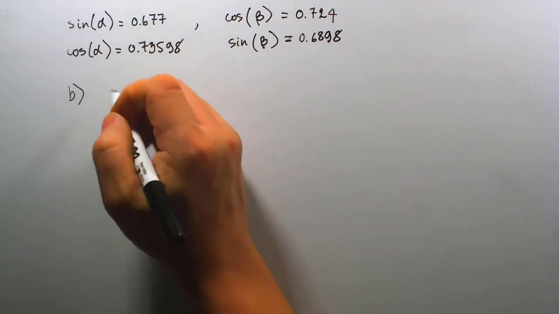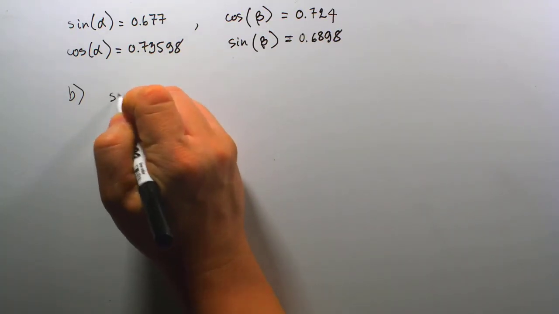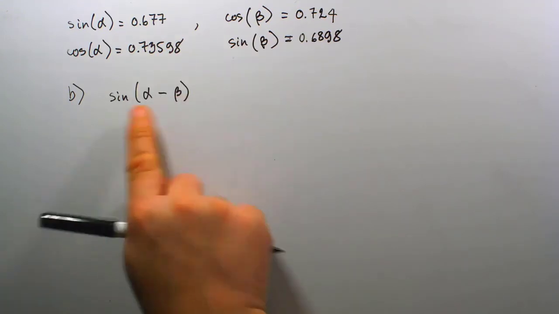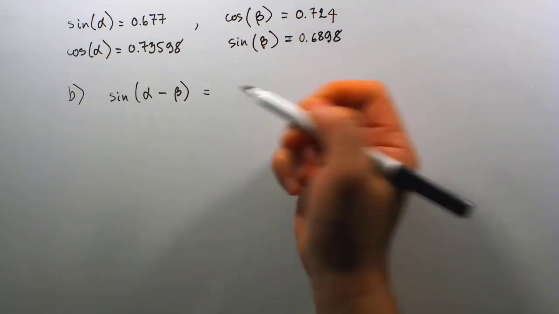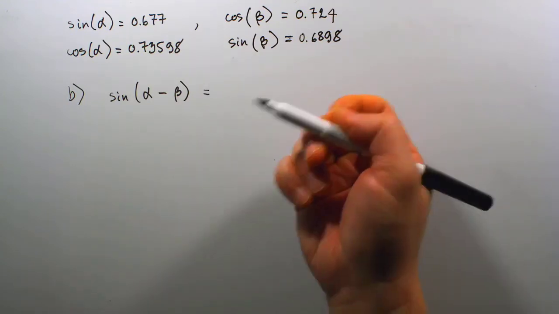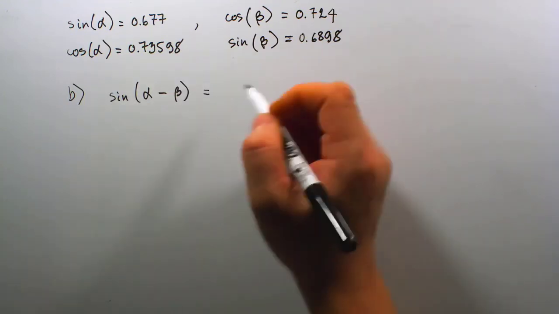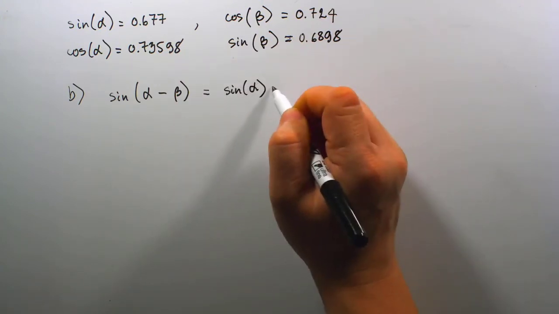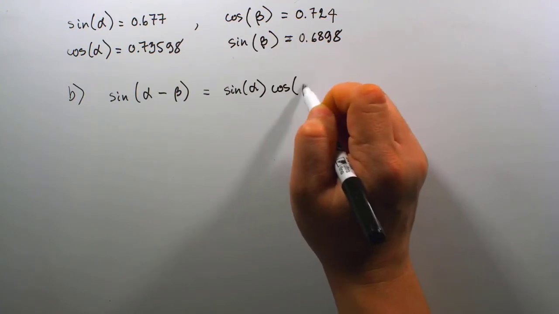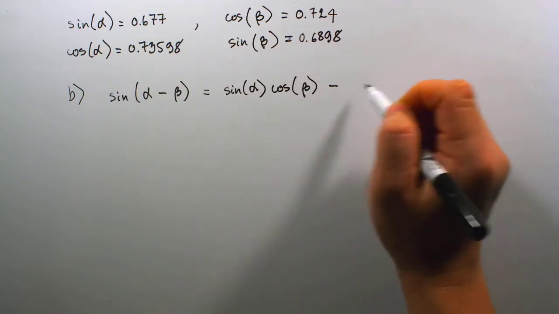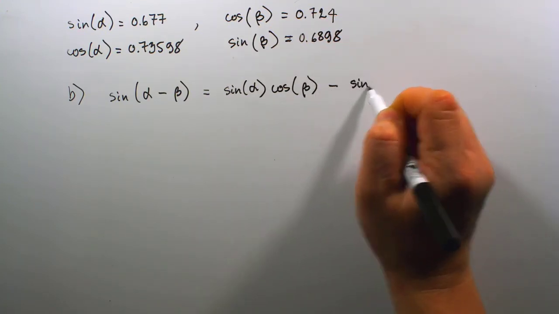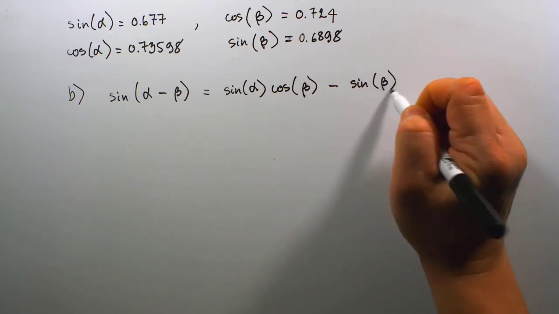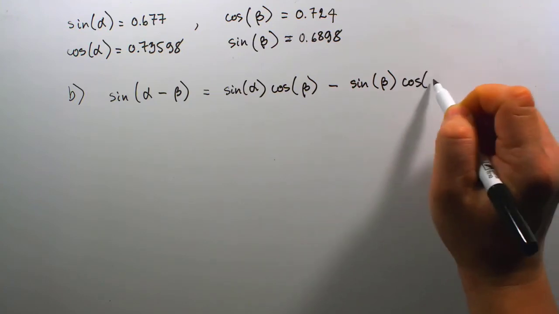So sine of alpha minus beta, sine of a difference, according to our difference identity, is going to be equal to sine of alpha times cosine of beta, and subtract sine of beta times cosine of alpha.